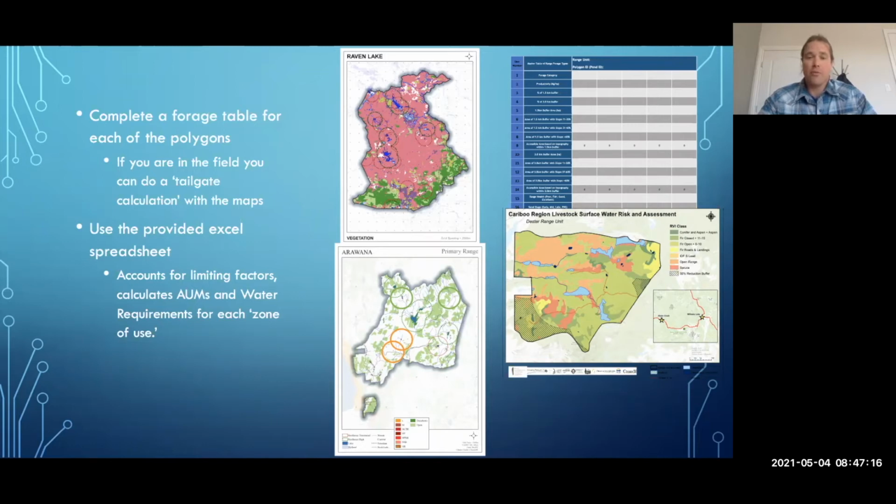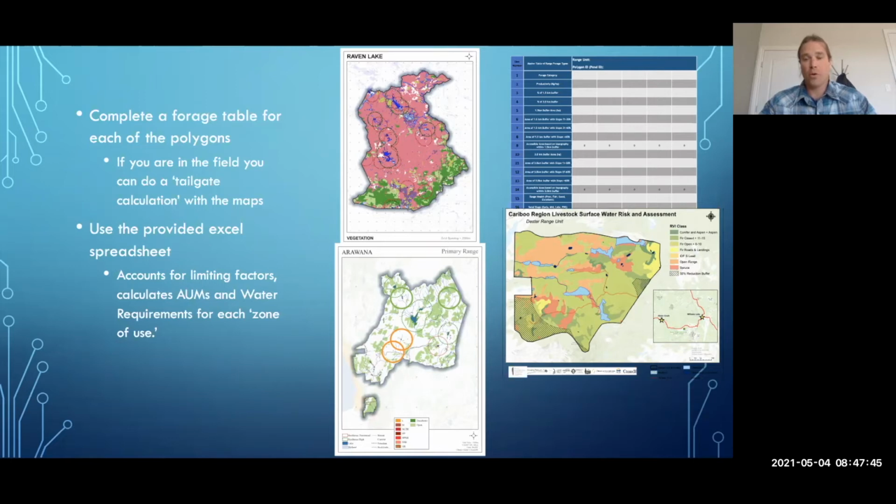And so if we have these maps with a lot of white space in them, then that just lets us know that we need to do more work in terms of developing a forage inventory for that region in order to have a more complete and a more detailed calculation.